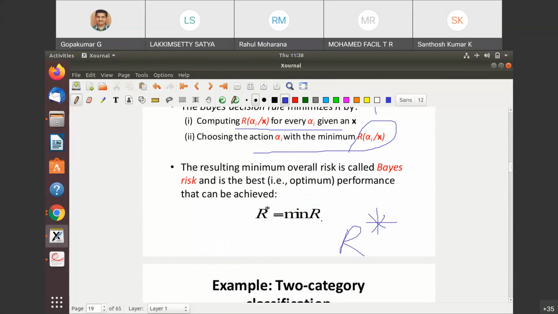That is why we write R star here, the Bayes risk, which is the optimum one, the minimum of all the associated risks. That is how we represent it notation-wise.